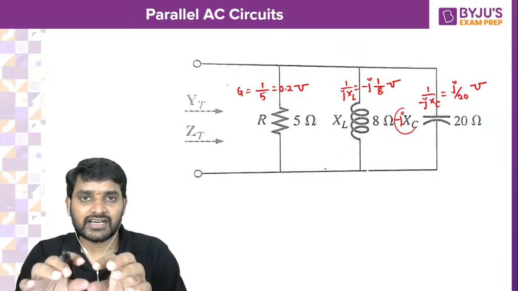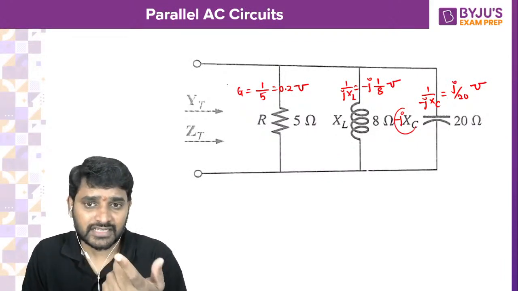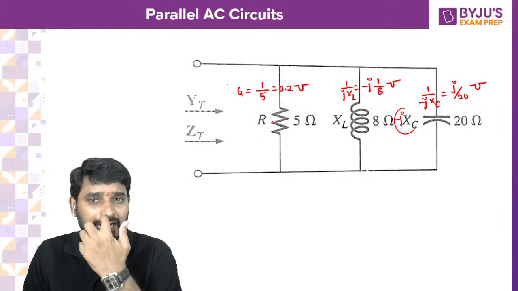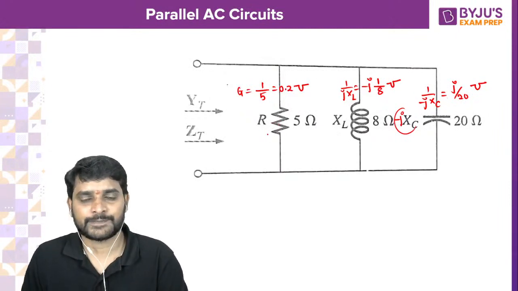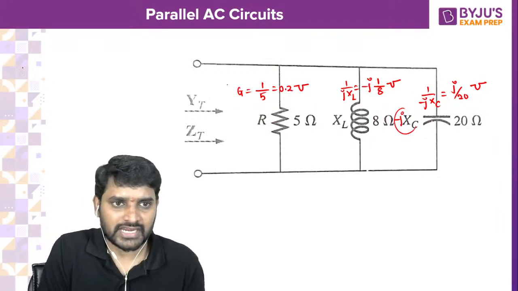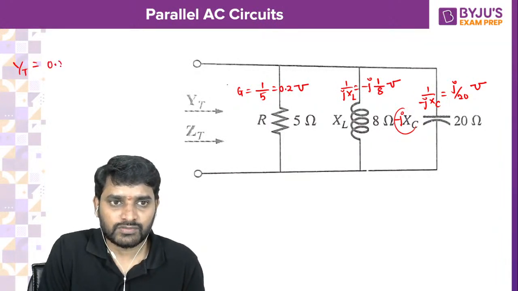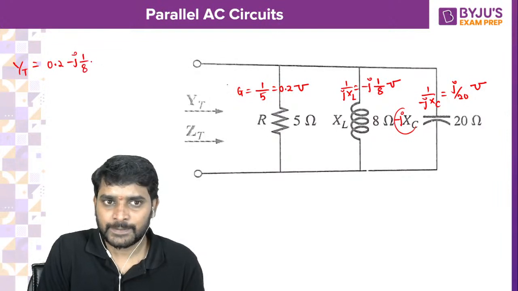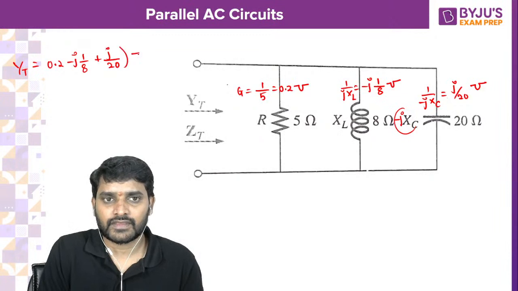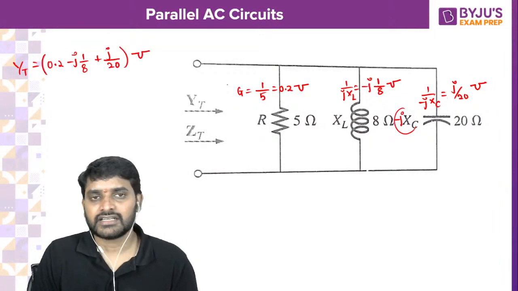These are the admittances of each and every branch. Now you can add them up. So the total admittance is 0.2 mho minus j 1 by 8 mho plus j 1 by 20 mho. This is the resultant admittance.